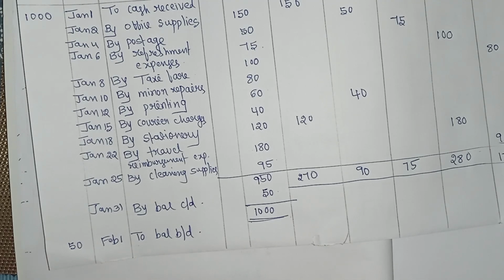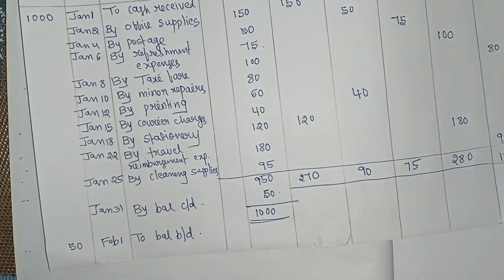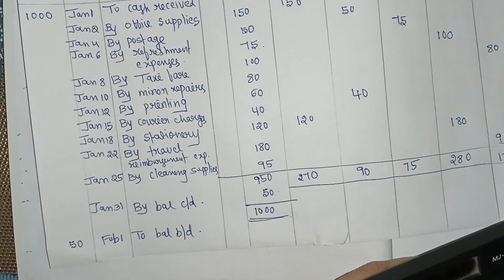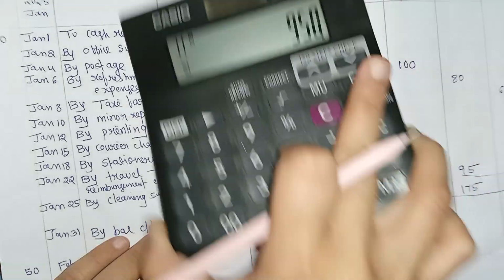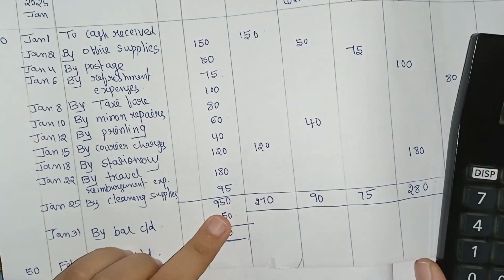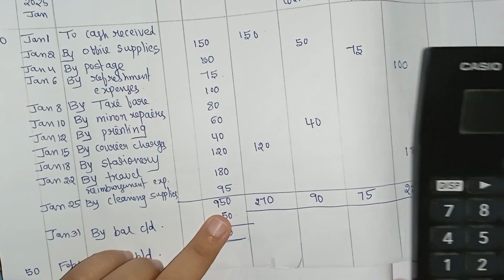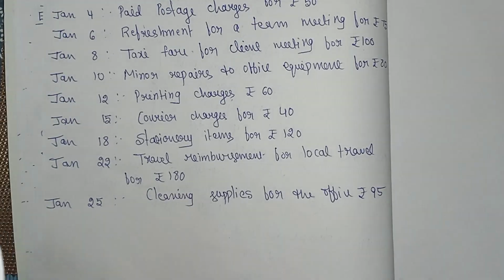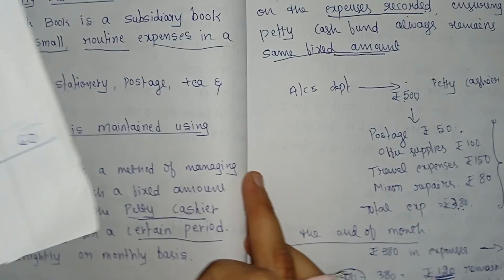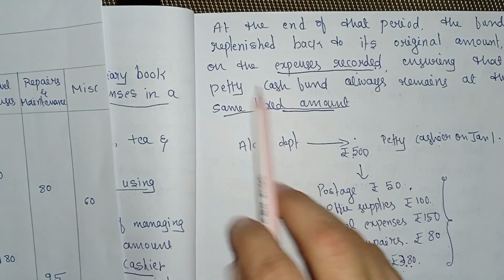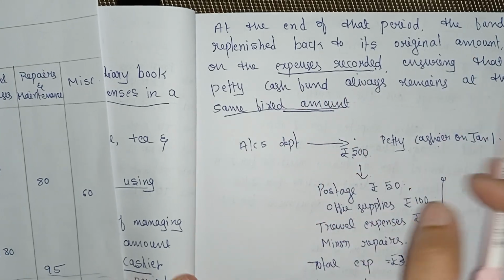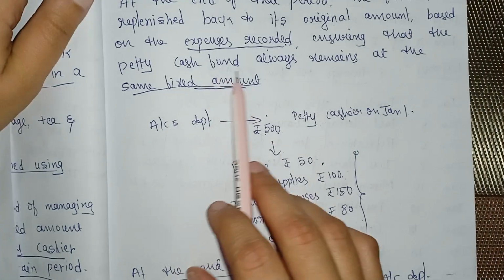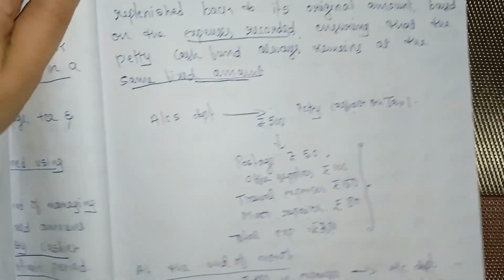Now the company, it will reimburse the petty cashier with rupees how much? That is rupees 950. Why? Because our rule is here, at the end of that period, the fund is replenished back to its original amount based on the expenses recorded, ensuring that the petty cash fund always remains at the same fixed amount.